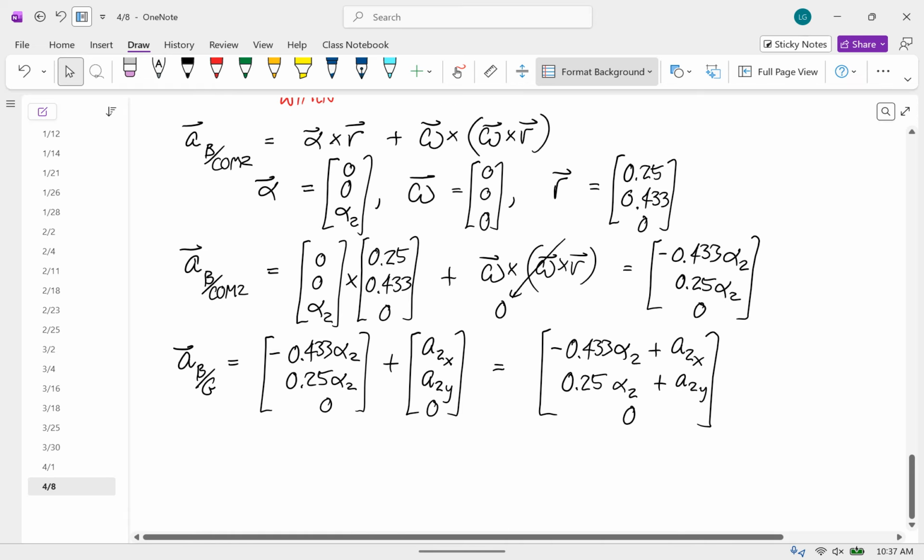So finally we're at the constraint equation.